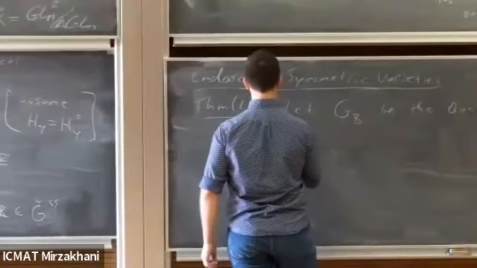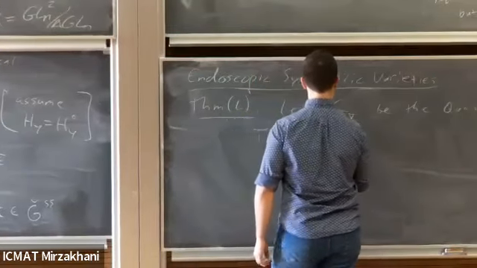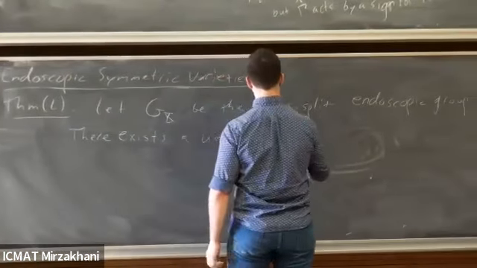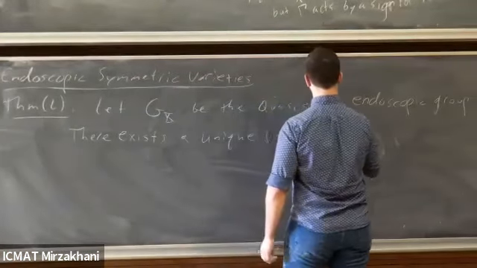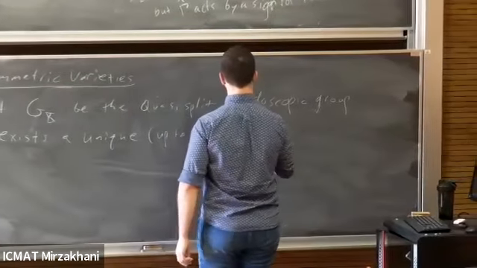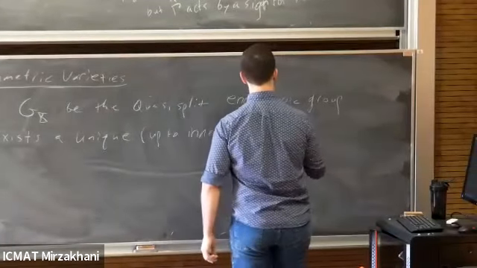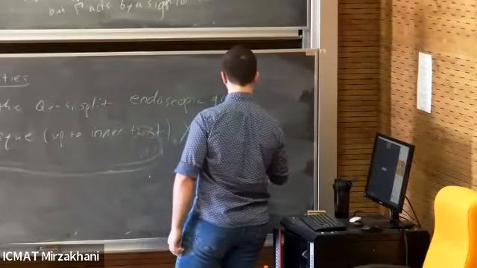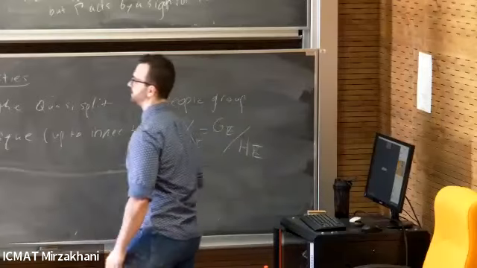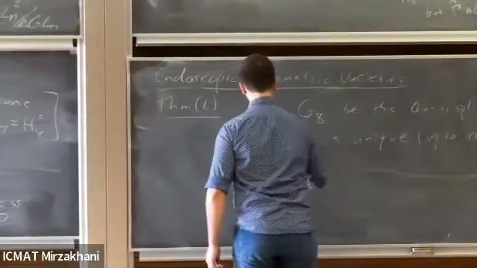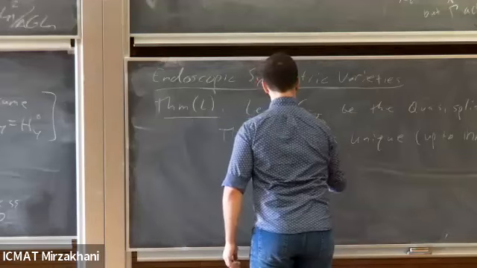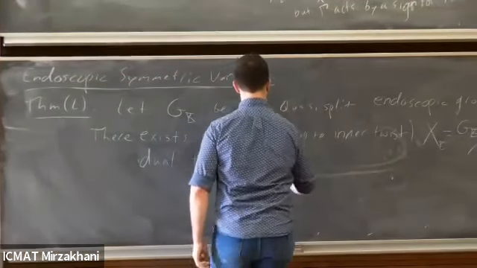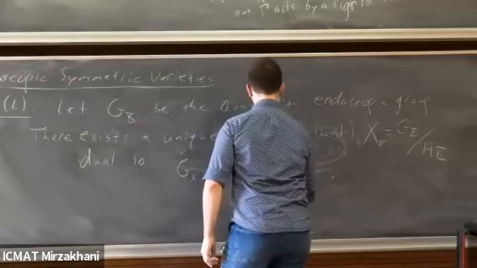Then there exists a unique up to inner twist symmetric space. Decorate everything with kappas. Dual to these groups, these stabilizer groups that we just saw.